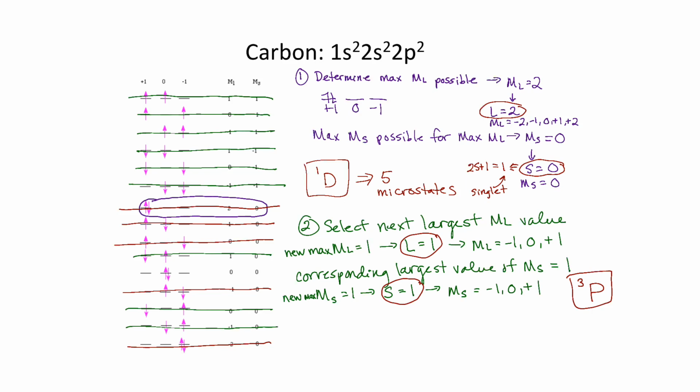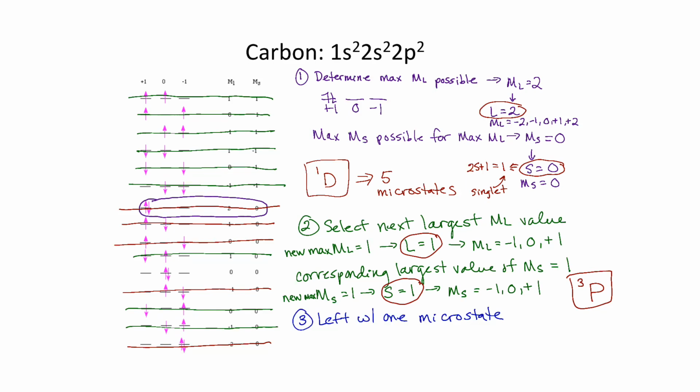So there's 9 of our microstates that are accounted for with these different combos of M sub L and M sub S that fall under our triplet P term symbol. Again, feel free to pause and take a minute to satisfy yourself that all of those states that I just crossed off are combos of these M sub L and M sub S values.